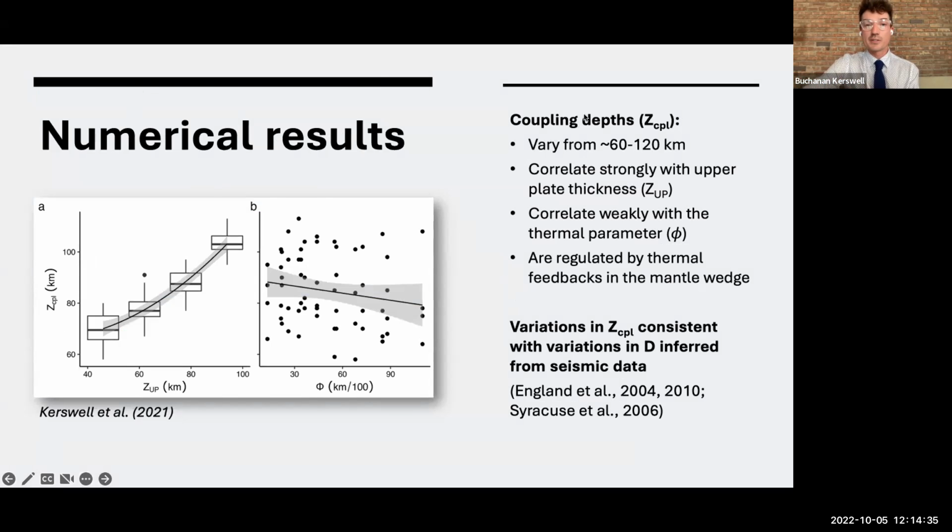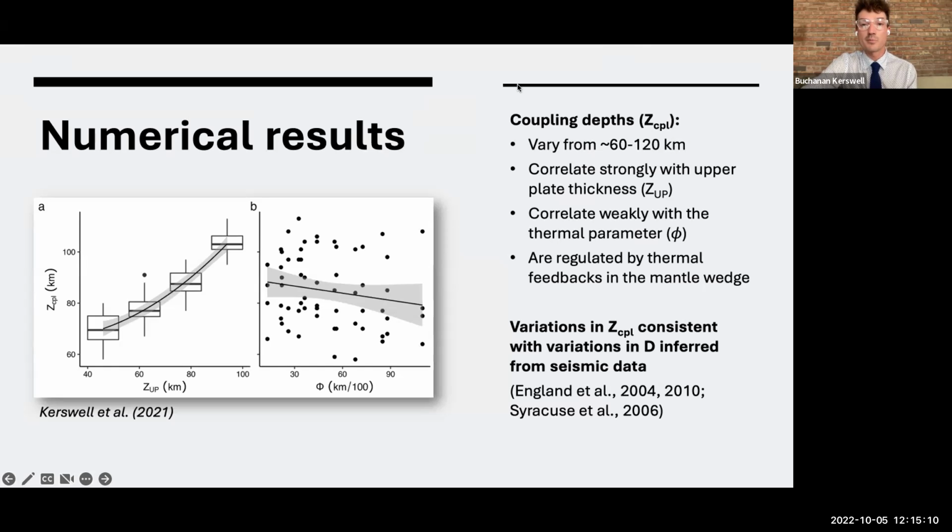Here are the results. For all 64 numerical simulations, we find on the left a very strong correlation between the upper plate thickness and the coupling depth. It's quasi-linear, a little bit better fit with a quadratic curve, but nonetheless there's a strong positive correlation between the thickness of the upper plate and the coupling depth.